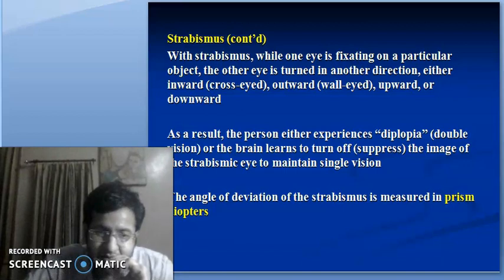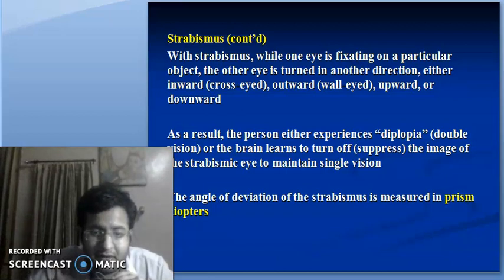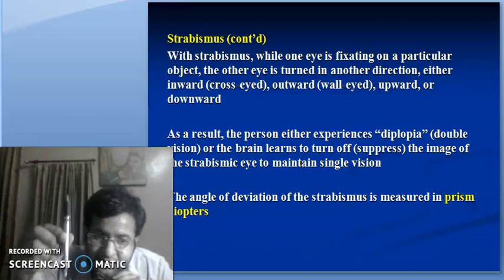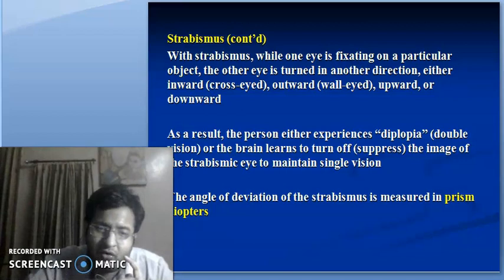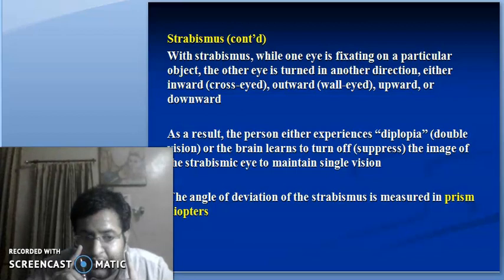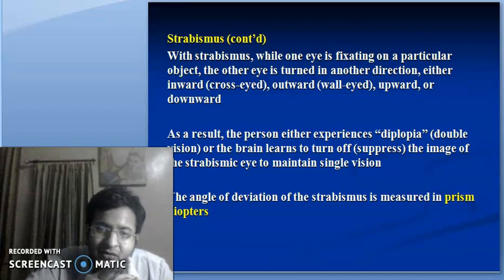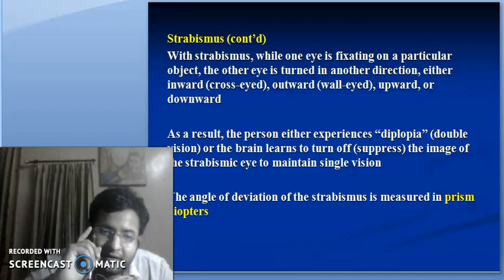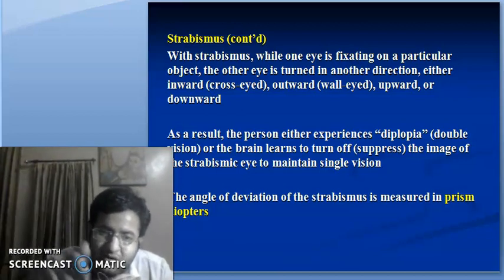As a result, the person may experience diplopia, that is double vision, seeing one object as two because of the misalignment of the two eyes, or the brain may suppress the image of the eye that is not fixating on the object. This leads to the preferred, fixating eye having single vision, and the other eye turns amblyopic because of the suppression later on.